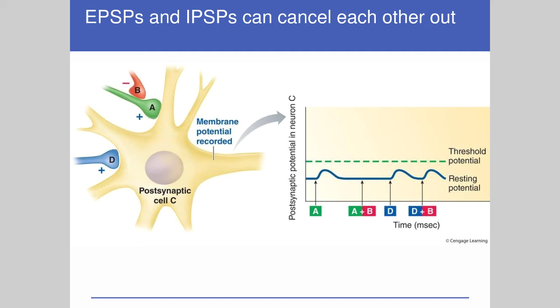It's not shown on the graph, but if both D and A fired, then those two would summate and it would probably reach threshold. But in this case, B is firing, once again inhibiting A. And so if both D and B fire, then you're only going to get the effects of D, and that's not enough. So there's a lot of different scenarios that can play out.